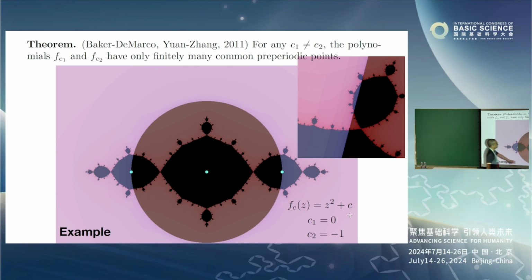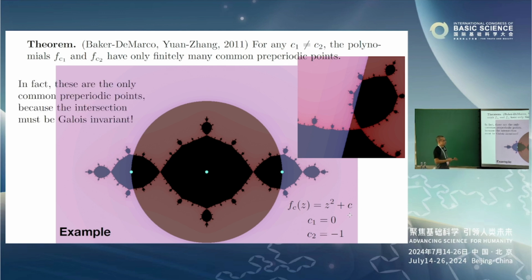You didn't see anything here. Well, probably there might be something there, but in fact, these 3 are the only points that overlap. These 3 points are the common preperiodic points for these two dynamics, and they cannot be more. So why? Because they are all integers, right?